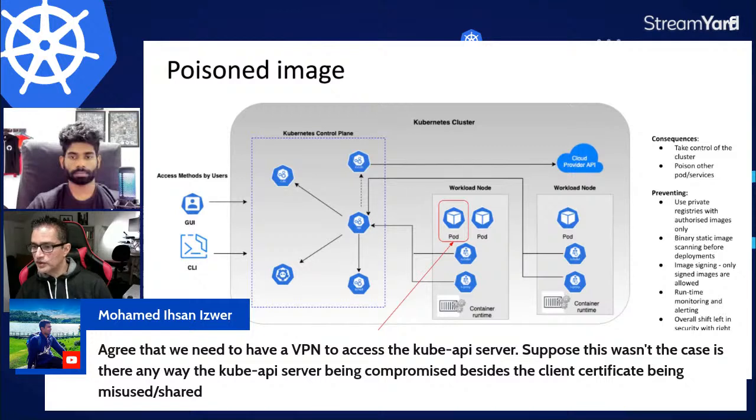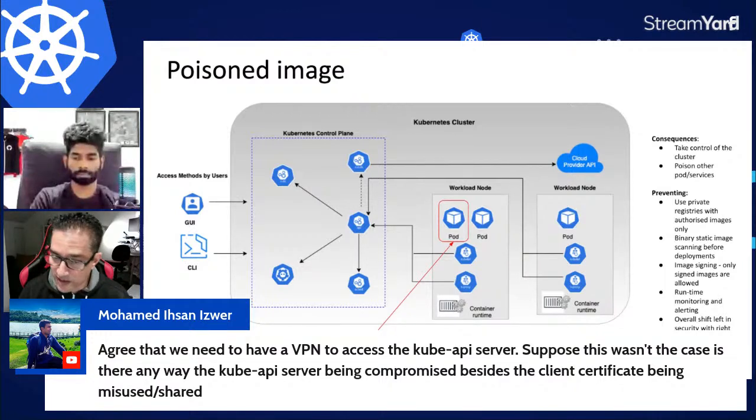Let me read out the question from Mohammed: agree that we need to have a VPN to access the Kube API server. Suppose this wasn't the case, is there any way the Kube API server could be compromised besides the client certificate being misused or shared? Very good question, Mohammed.